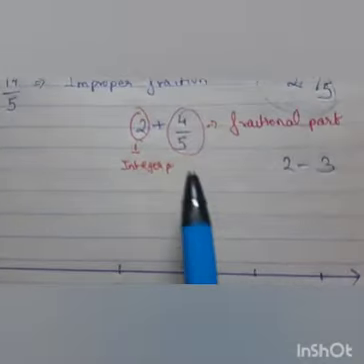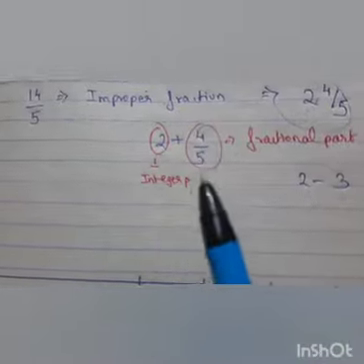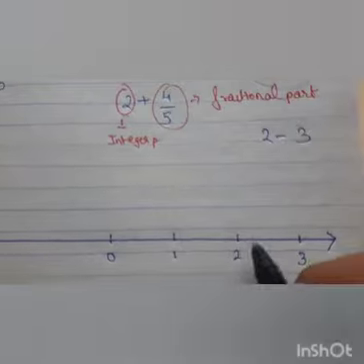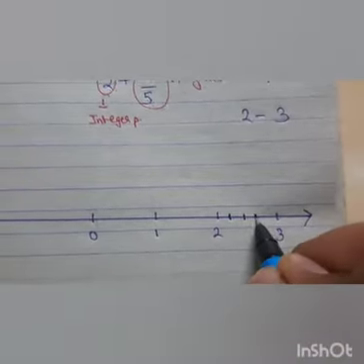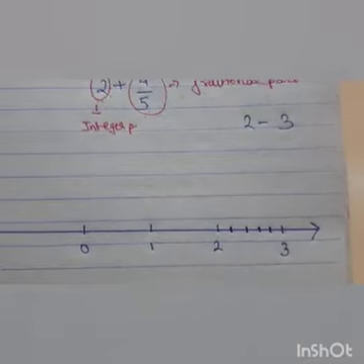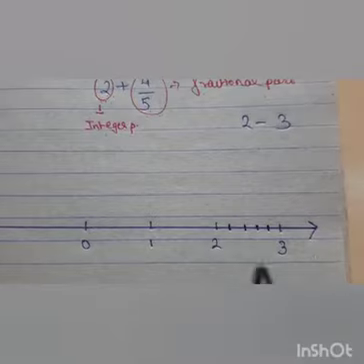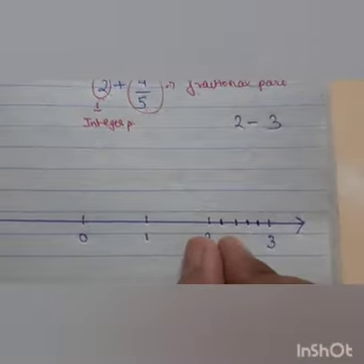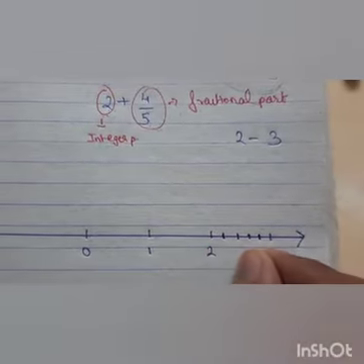So see, 4/5. Now based on the value of the denominator, quickly reply, in how many parts will we divide? 5 parts. So divide it into 5 parts. 1, 2, 3, 4 and 5. See, if you are getting confused, after dividing you can count like this also: first part, second part, third part, fourth part and fifth part.